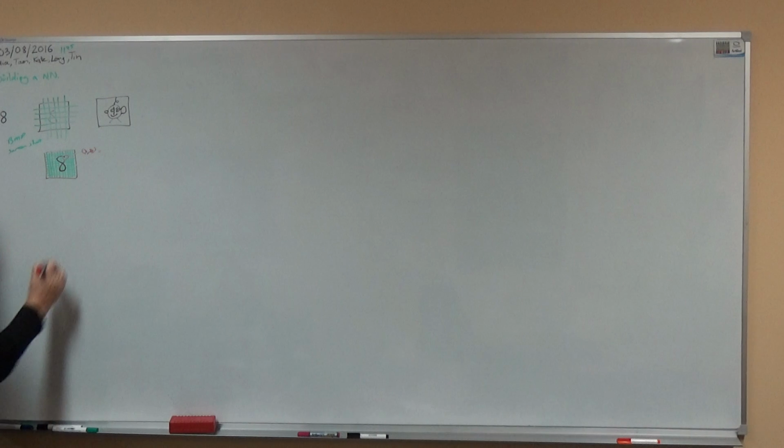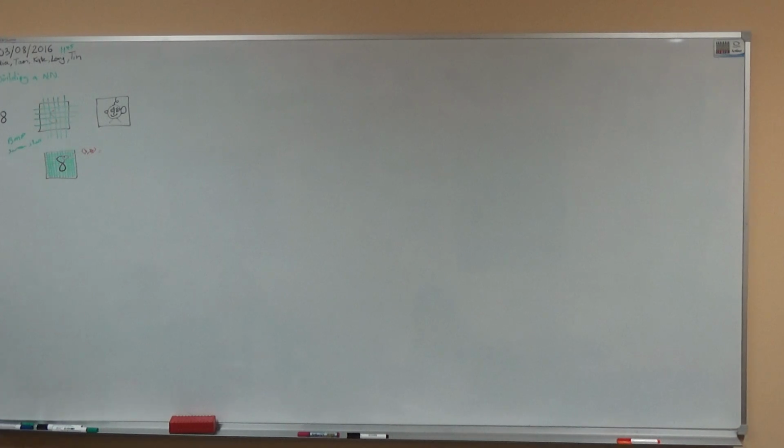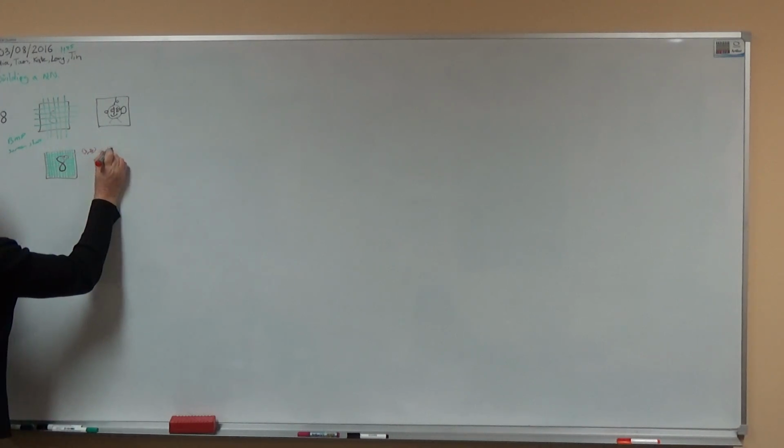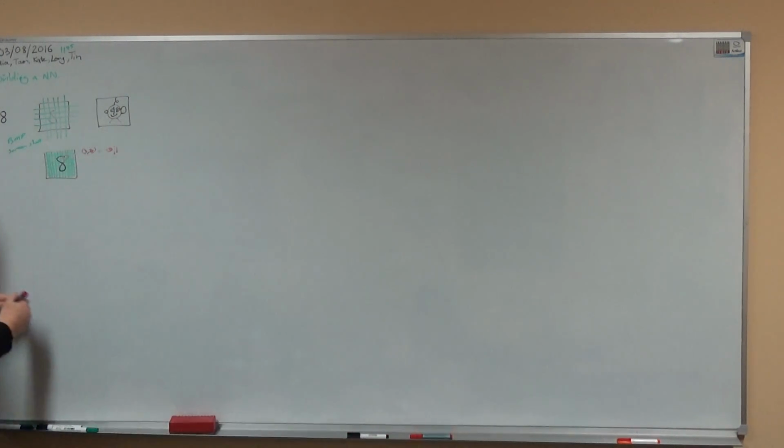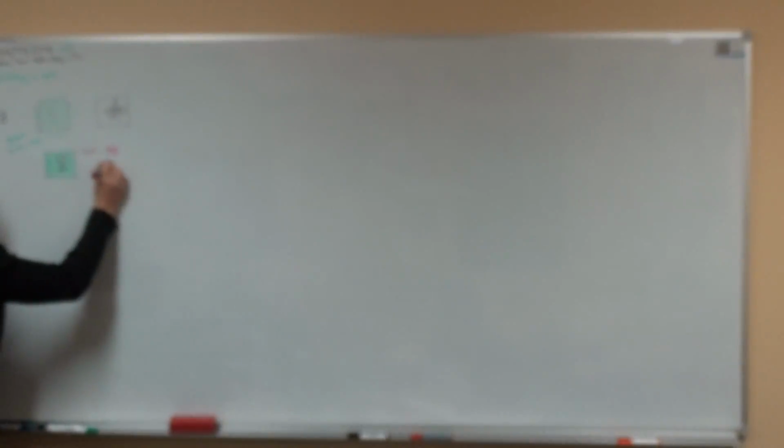Now we can either say 0 and 1, or we could say it's something like 72% coverage. Okay? This one clearly is 0.